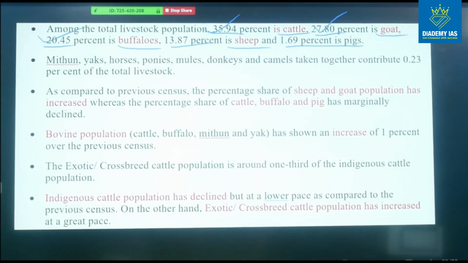Then this third point: sheep and goat population has increased, whereas cattle, buffalo and pig have marginally declined.